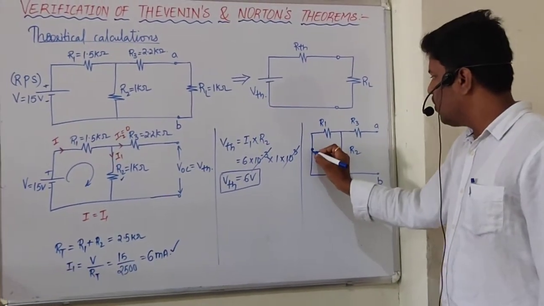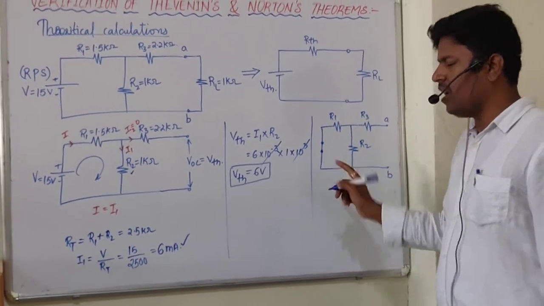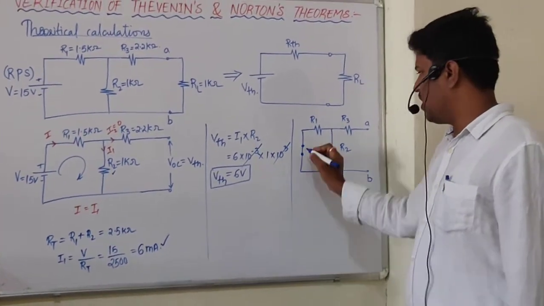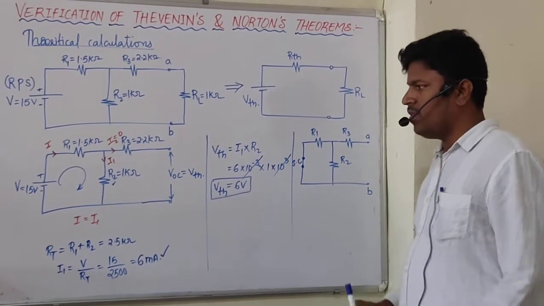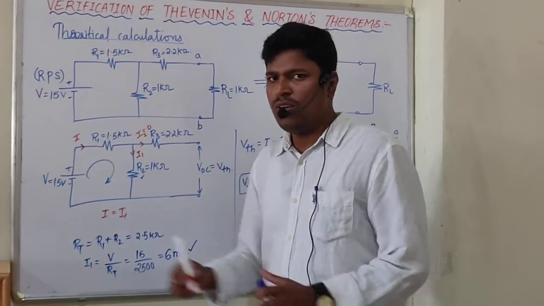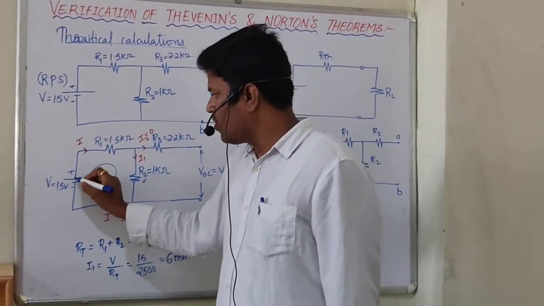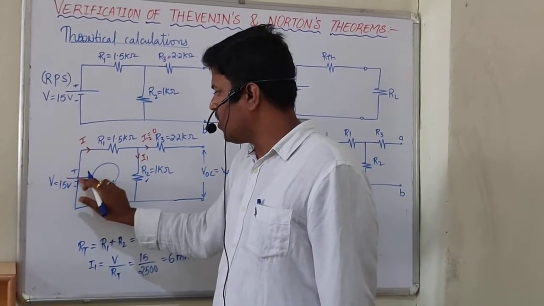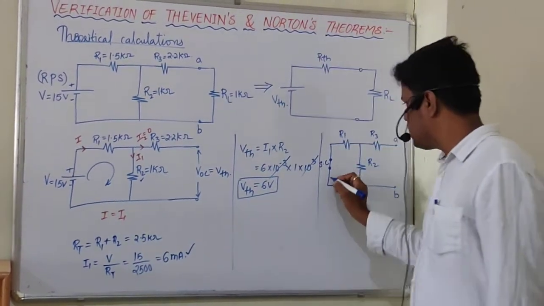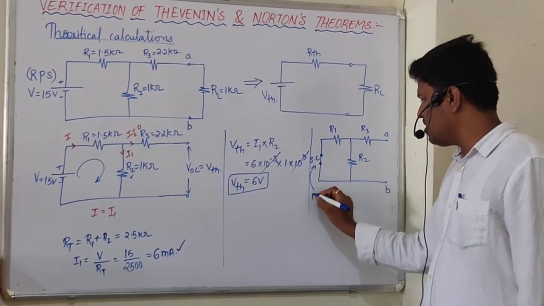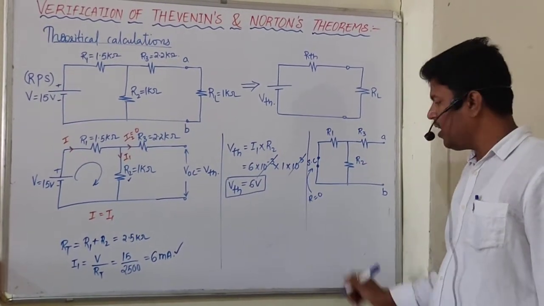So to make voltage source inactive, we have to replace by short circuit. To make voltage source 0, across short circuit resistance is 0. We know that, right?